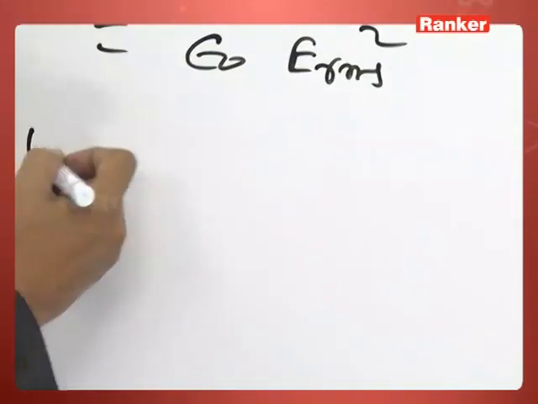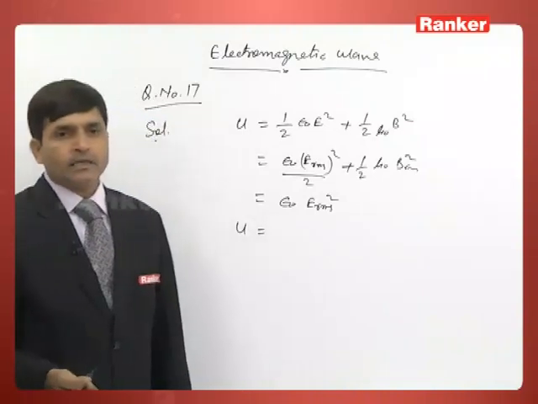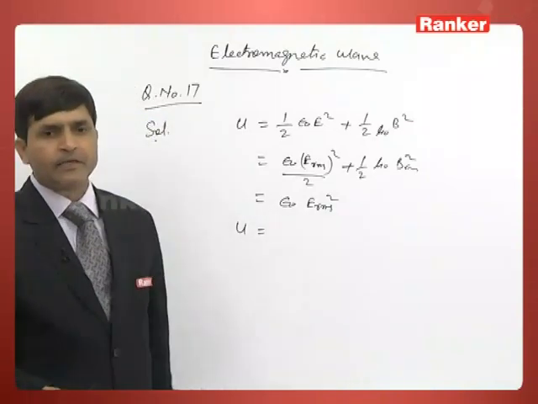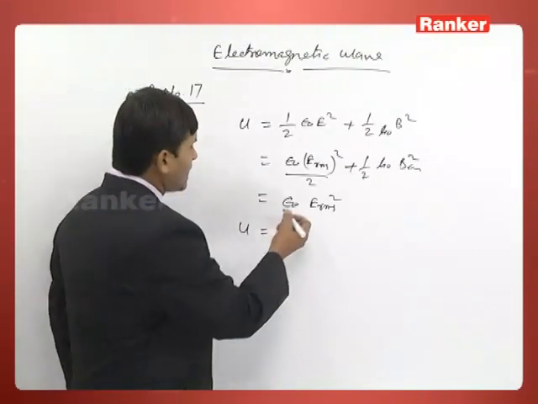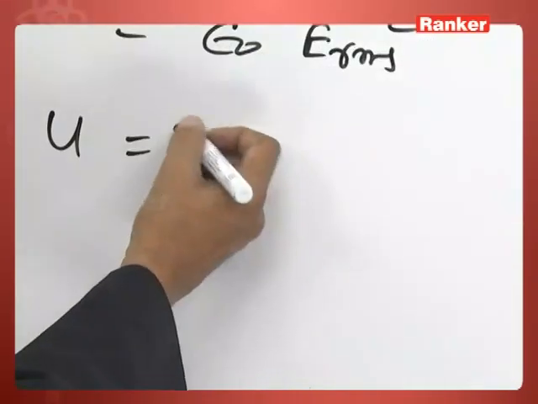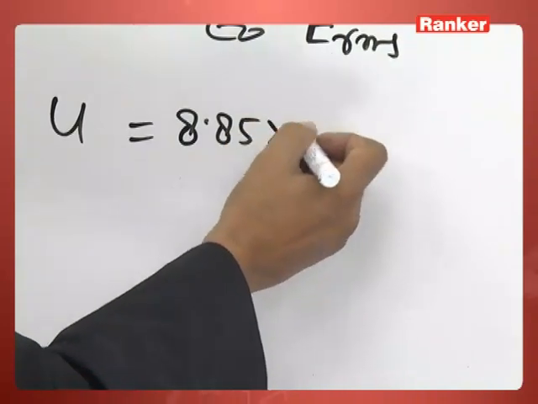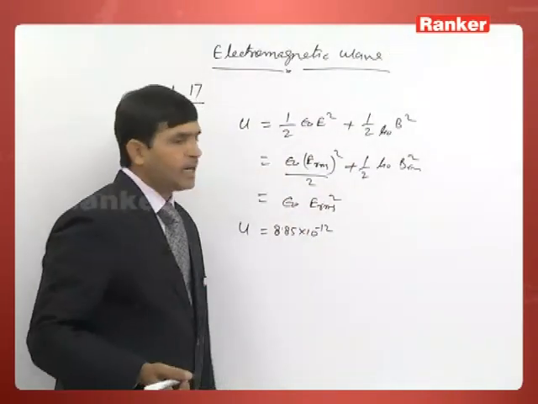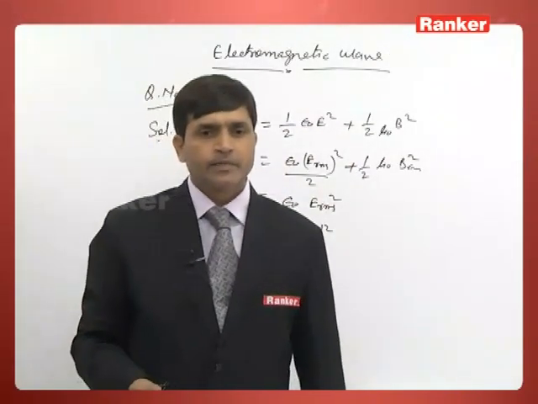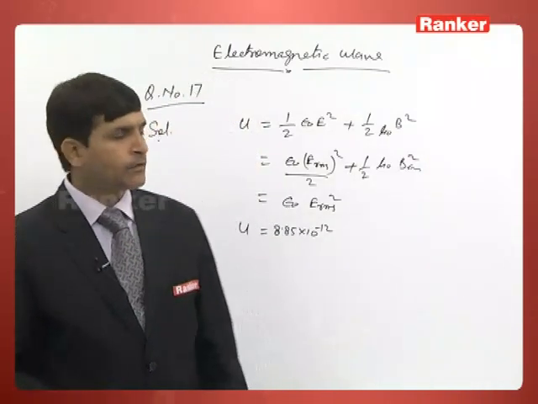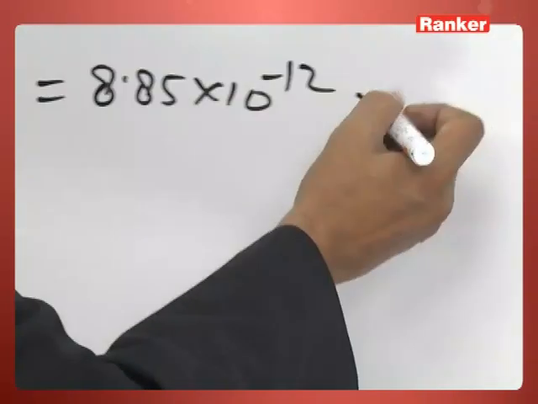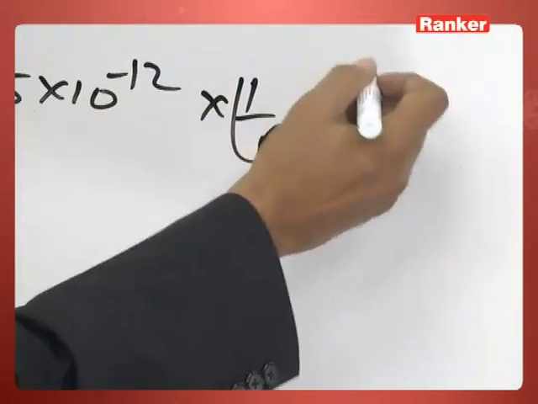Now this is the energy density. So here the amplitude of the electric field is given as 1 volt. The epsilon naught value can be written as 8.85 into 10 to the power minus 12, and E RMS is the value of the electric field, 1 volt, divided by root 2, squared.